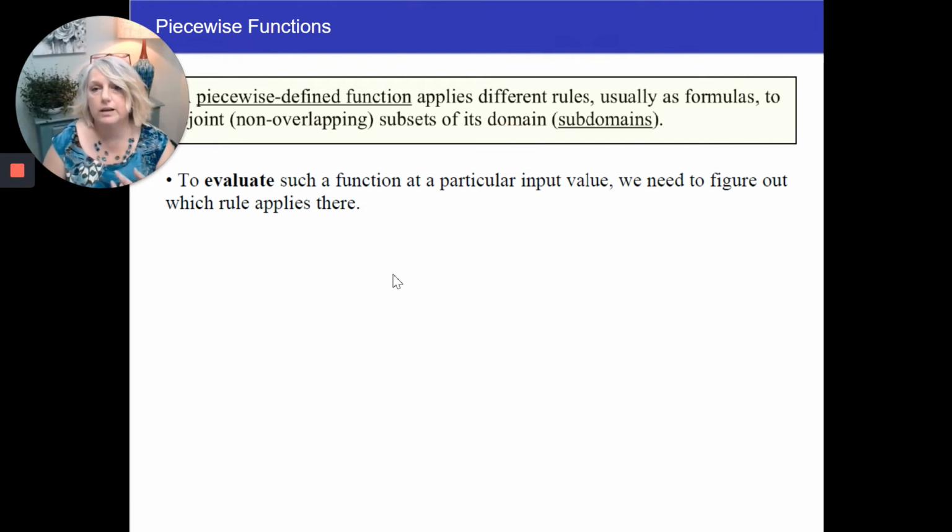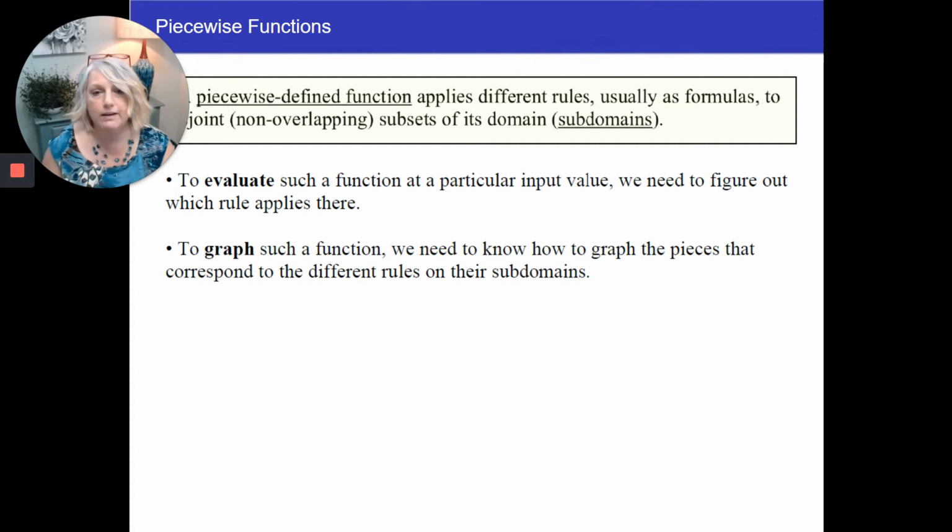To evaluate the function at a particular input value, you have to figure out which rule applies. Once you know what rule applies, you just plug it into that one rule, because the function should only have one output. And if you're going to graph that function, you need to graph each of the pieces, and only the piece that corresponds to its subdomain.